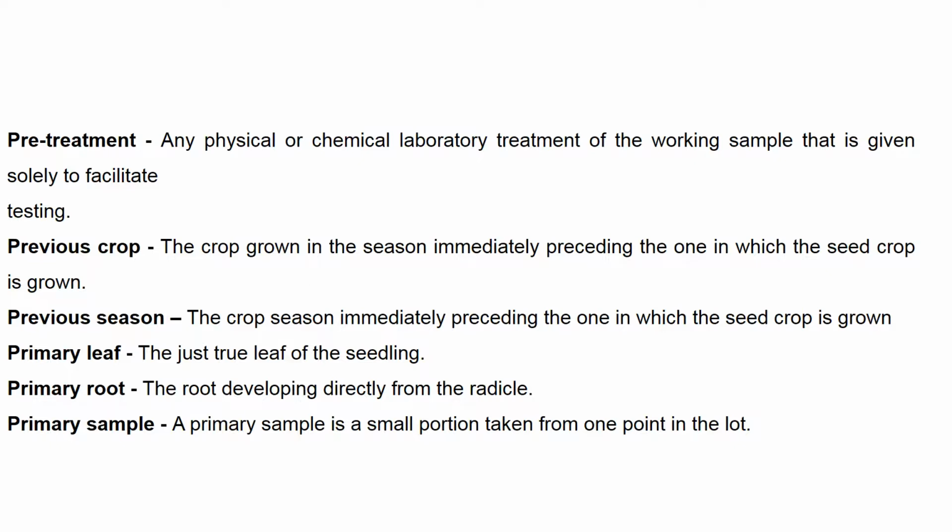Previous crop, the crop grown in the season immediately preceding the one in which the seed crop is grown. Previous season, crop season immediately preceding the one in which seed crop is grown. Primary leaf, just a true leaf of the seedling. Primary root, root developing directly from the radicle. Primary sample, sample is a small portion taken from one point in a lot.